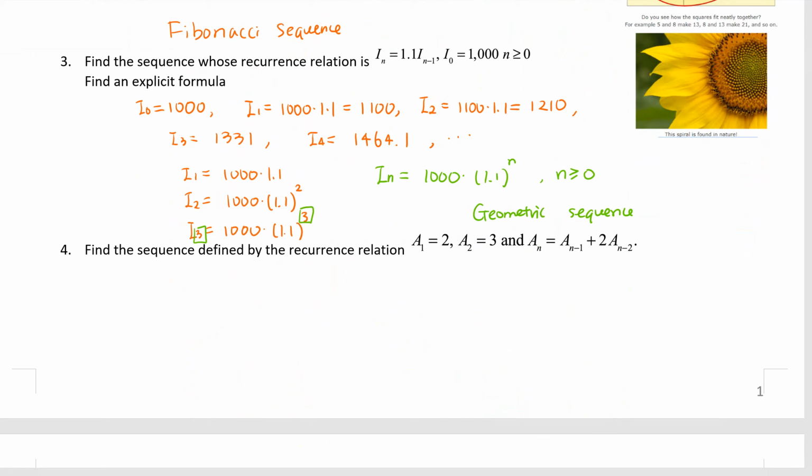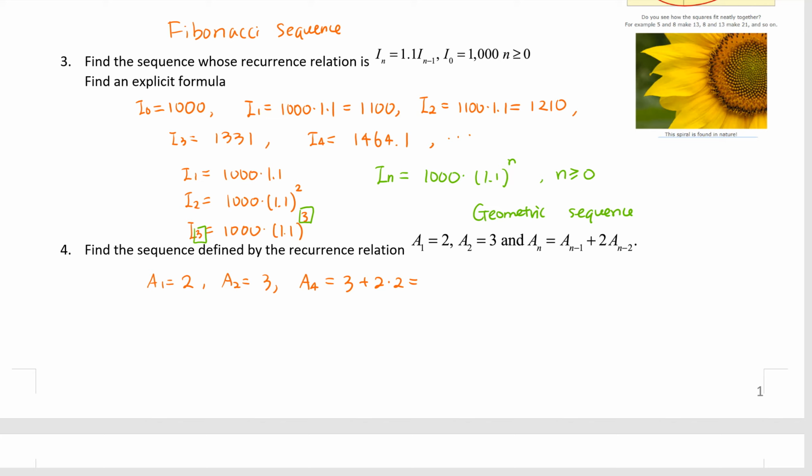Find the sequence defined by the recurrence relation: A_1 equals 2, A_2 equals 3, and A_n equals A_{n-1} plus 2 times A_{n-2}. Okay, so let's see. We have 2, and so this is A_1, A_2 is 3, A_4 is the previous term plus 2 times A_1, which is 2.